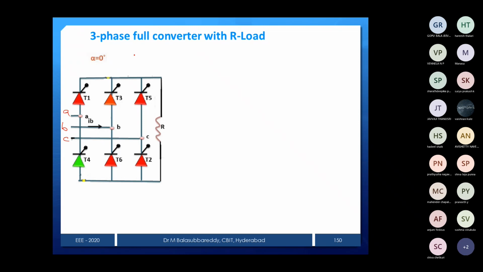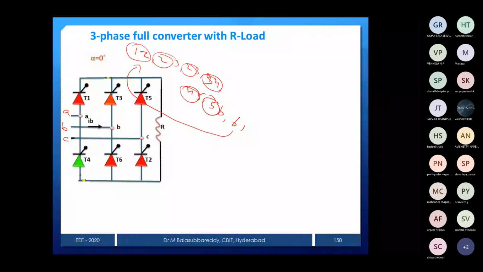1 3 5 4 6 2. If that is the case, conduction is always 1 2, 2 3, 3 4, then 4 5, 5 6, 6 1, then the cycle will repeat again, 1 2. So how many in total? 1 2 3 4 5 6.